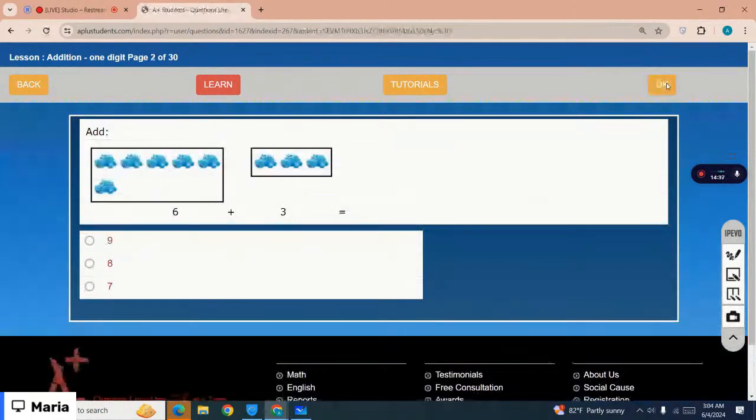Okay, the next one is add. You have 6 toys in one group and 3 toys in the second group. You need to count them all together. So how do you count?